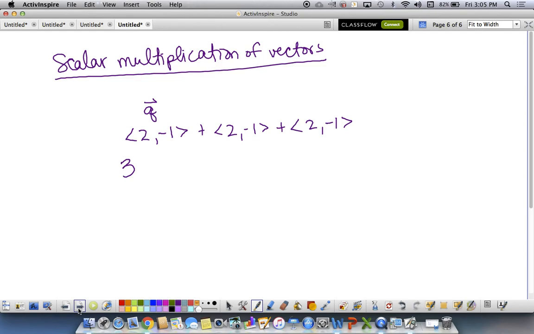There's 3 of them, times a vector. 3 times 2, negative 1 would simply be 3 times 2, which would be 6. 3 times negative 1 would be negative 3. So 3 times vector Q would give me 6, negative 3. Pretty simple. Vectors really aren't that hard, okay?